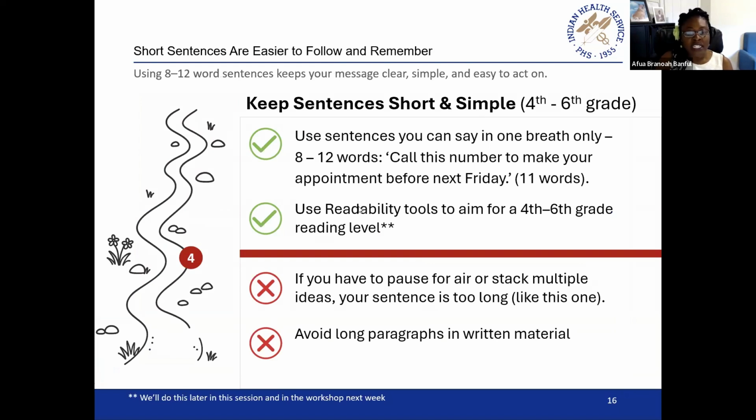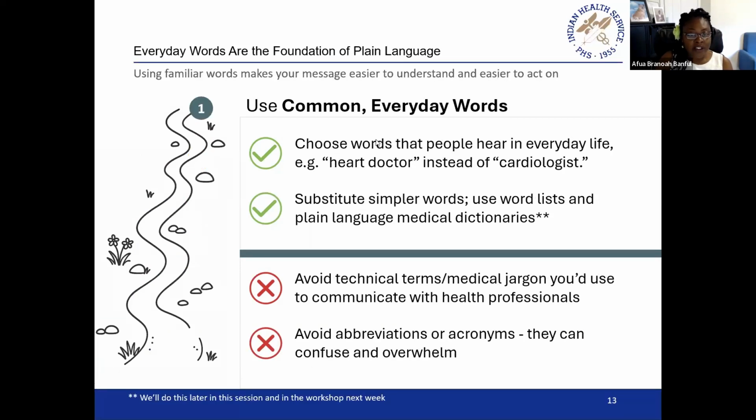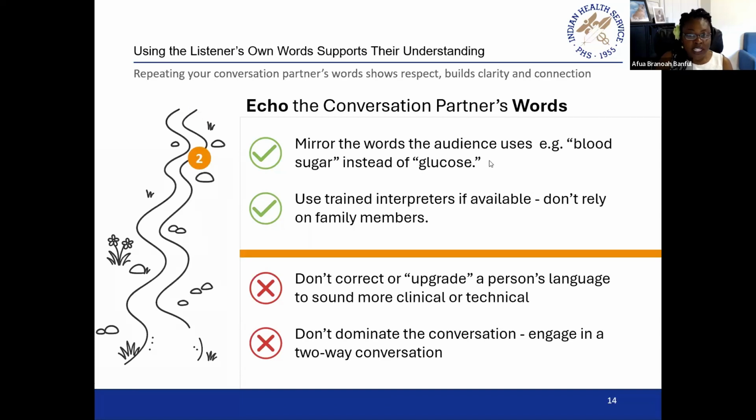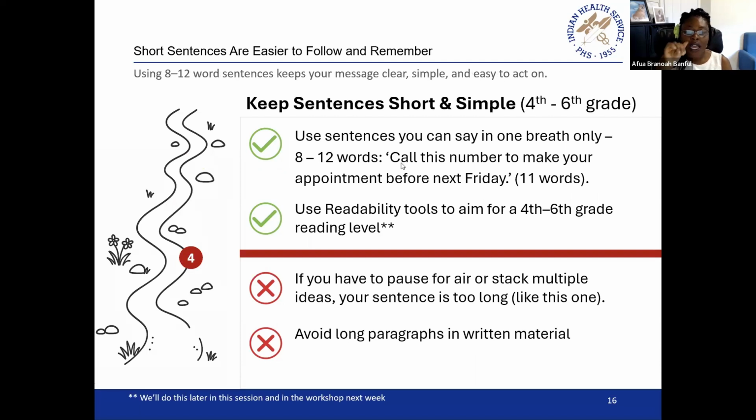And I wanted to show that even if you're speaking quickly and it's your natural inclination, if the words are everyday words, if you are using the words that the patient is familiar with, that they recognize, you're using active voice, you're using short, simple sentences, you are more likely to get to clarity in the patient or the conversation partner's understanding. You can talk very slowly, but say things that confound. So that is why it's a very important point to have in there and a good ideal to reach for.